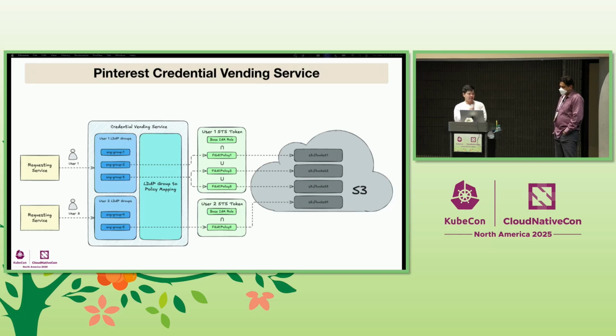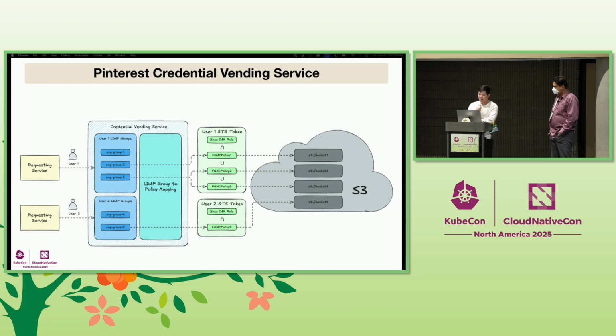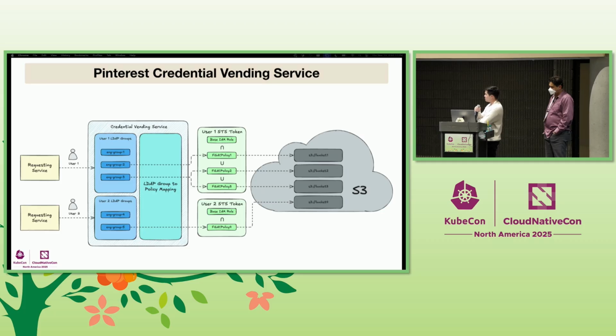The result of these two is a scope-down role equivalent to the intersection of the admin IAM role with the union of all the IAM policies. And as a safeguard, so we don't accidentally vend the admin-like privileges to any client, CVS requires that there be at least one valid session policy present. These scoped short-term duration credentials are then passed back to the user.